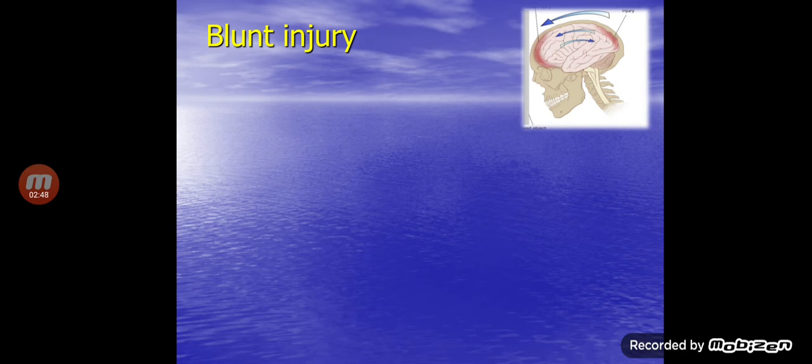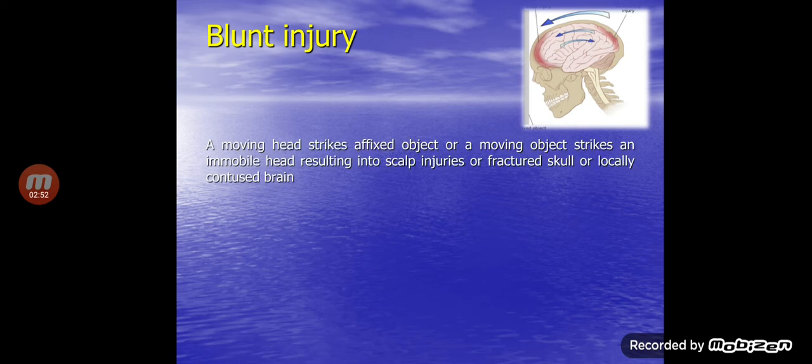We will talk first about blunt injury. When a moving head strikes a fixed object or a moving object strikes an immobile head, it may result in either a scalp injury, a fracture of the skull, or a local contusion of the brain.